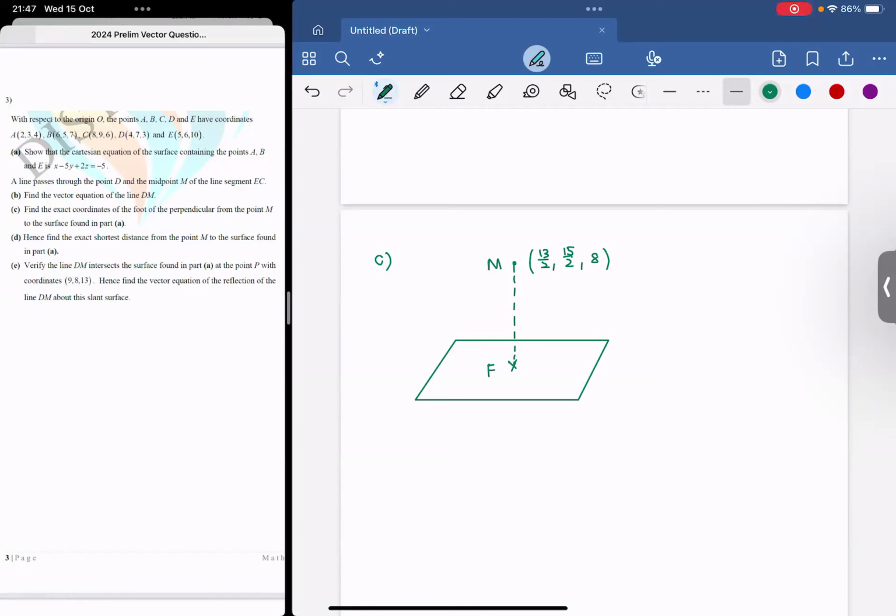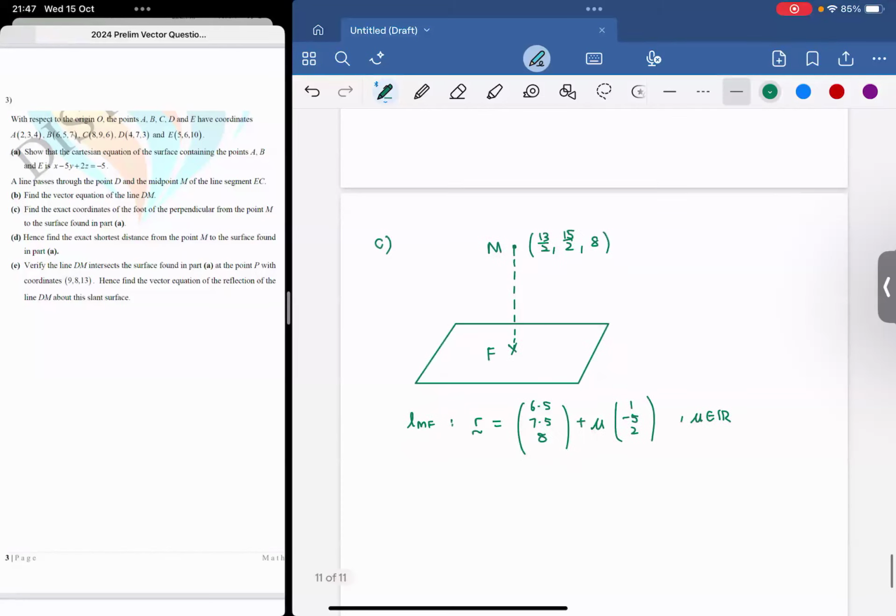So we find the equation of line MF first. Okay, I write in decimal better. 6.5, 7.5, 8 plus mu. So the direction vector of the line MF is just the normal vector, which is this.